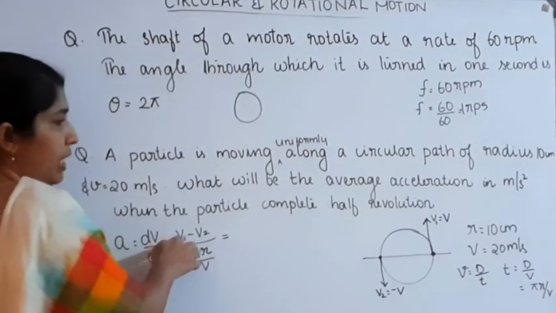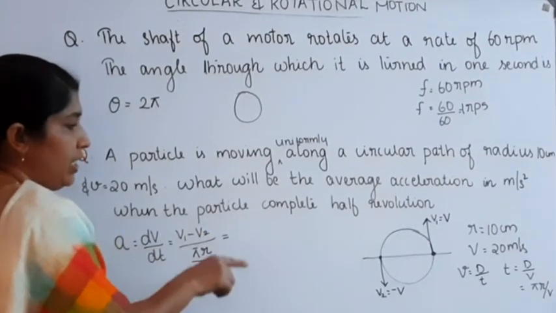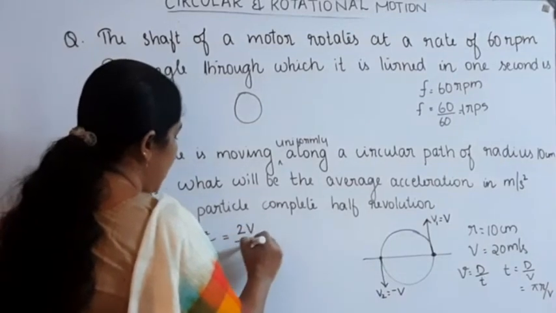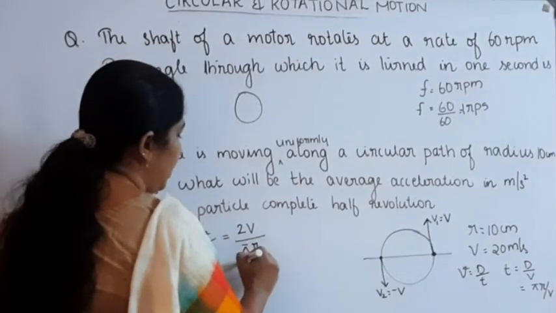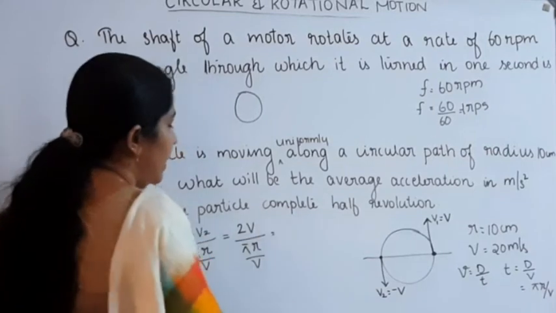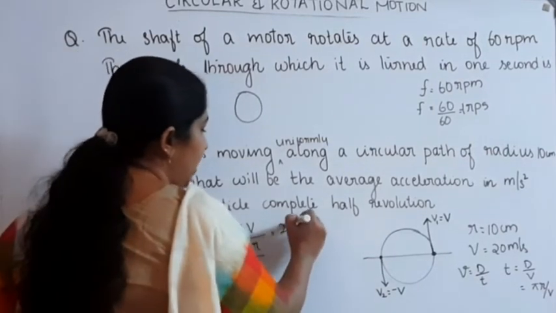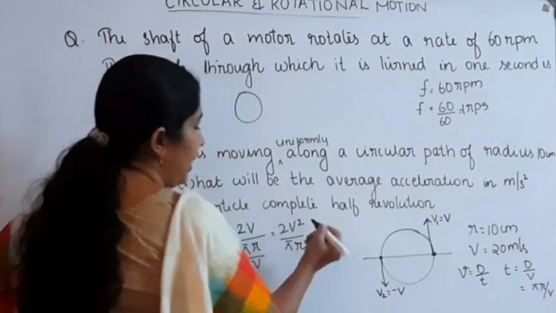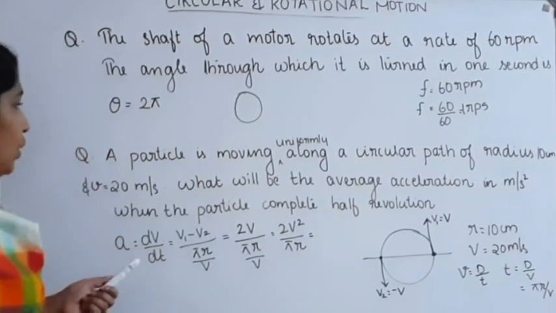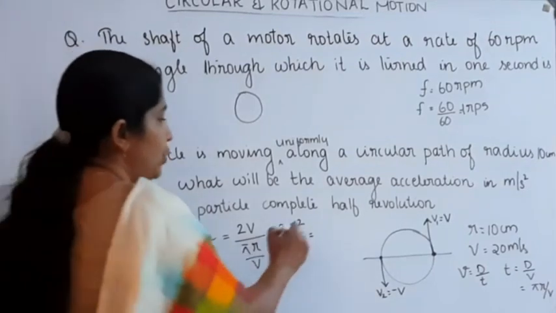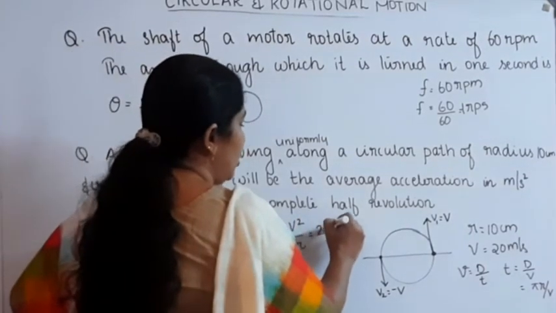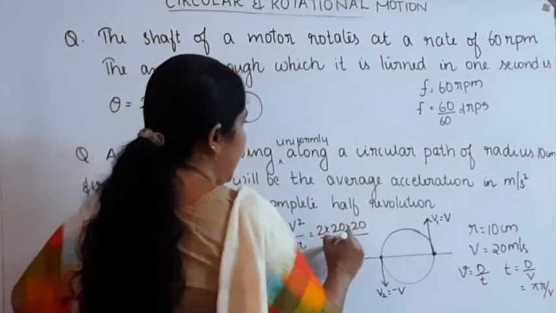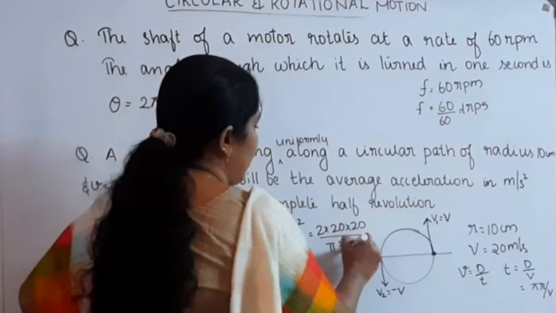Then v1 minus v2 is equal to v minus minus v, that is equal to 2v divided by pi r divided by v, that is equal to 2v square divided by pi r. Now we can substitute the values: 2 into v square is 20 into 20, divided by pi into radius r equal to 10.